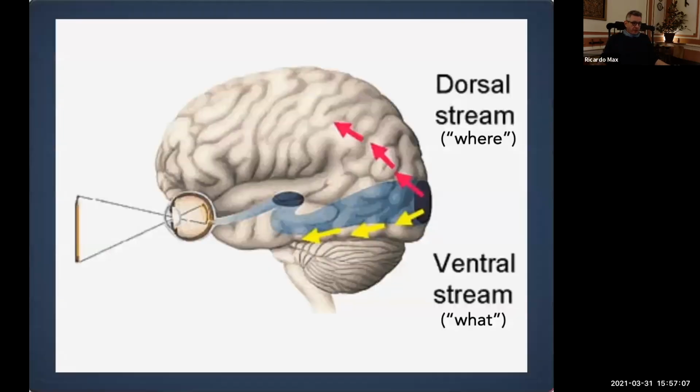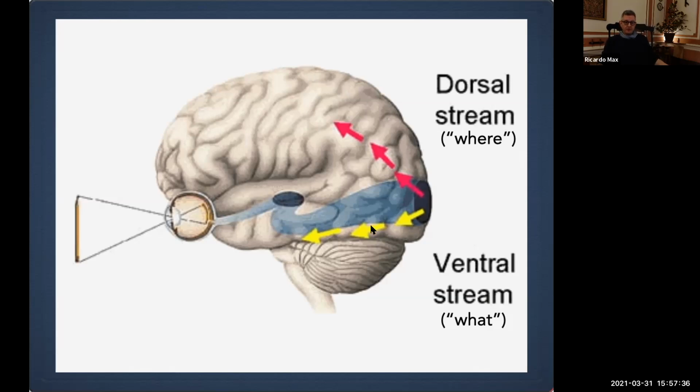Our visual system is roughly defined as divided into two streams once information arrives from the eye to the occipital lobe. The dorsal stream is fast but with low resolution, where things happen, movement.